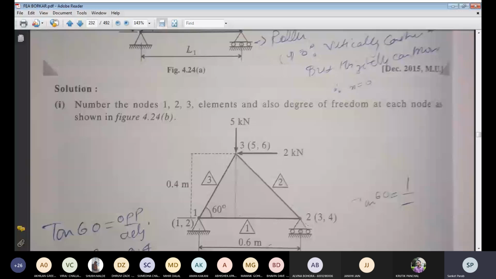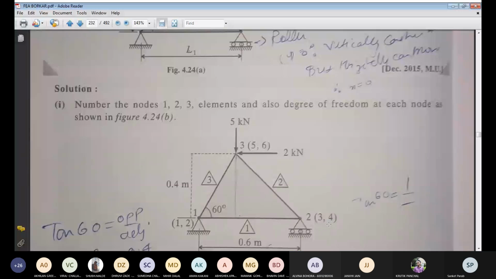In the x direction it can move, front and back. Because it can move in the x direction, it will have a deflection in the x direction. And wherever deflection is there, reaction is not there. So it will have a reaction only in the y direction. P2x will be equal to 0.